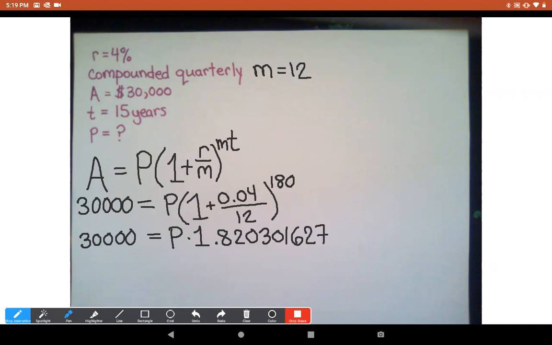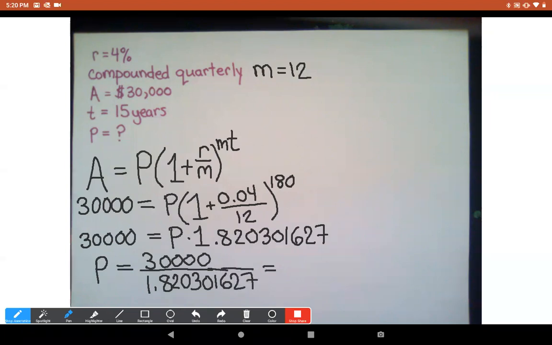Now, if I divide both sides by that quantity, then we will isolate P. Then we'll know how much money we need to deposit.